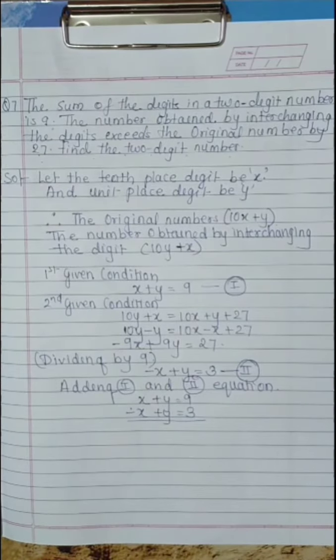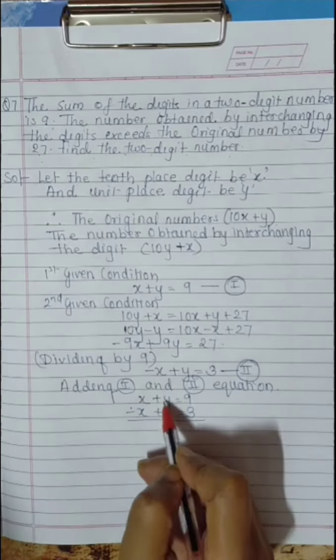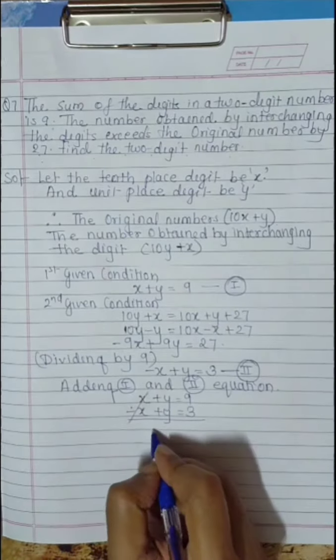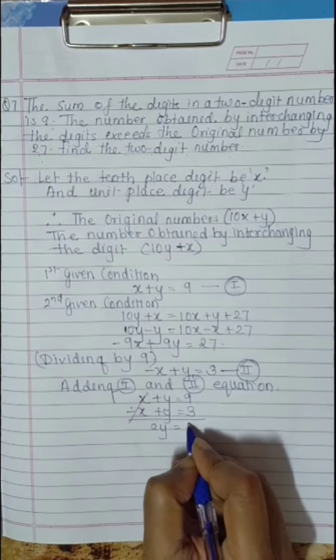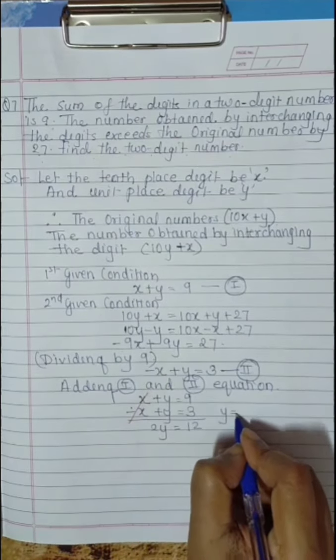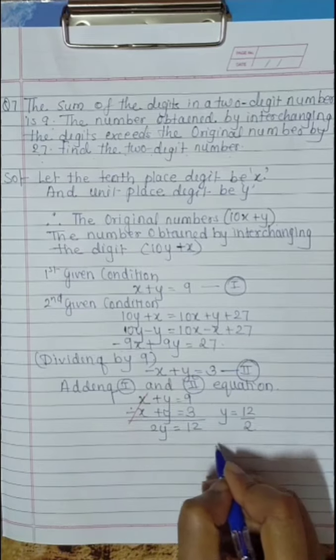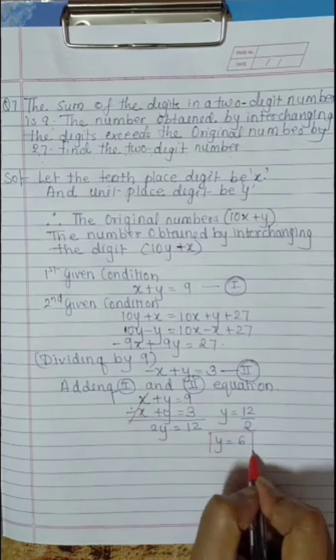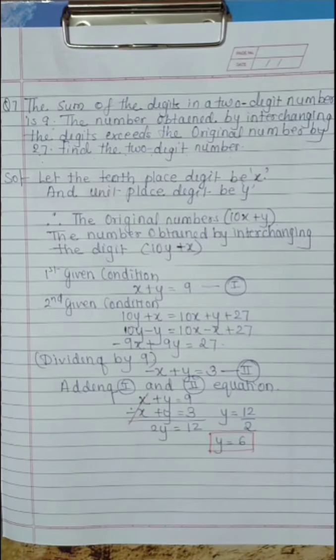Now I'm going to cancel this. We'll get 2y equal to 12. So y equal to 12 upon 2, y equal to 6. So this is our value of y.